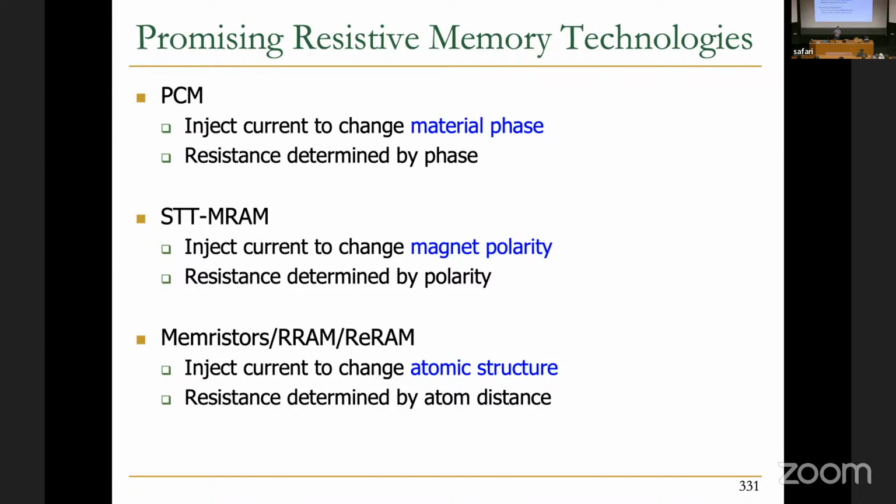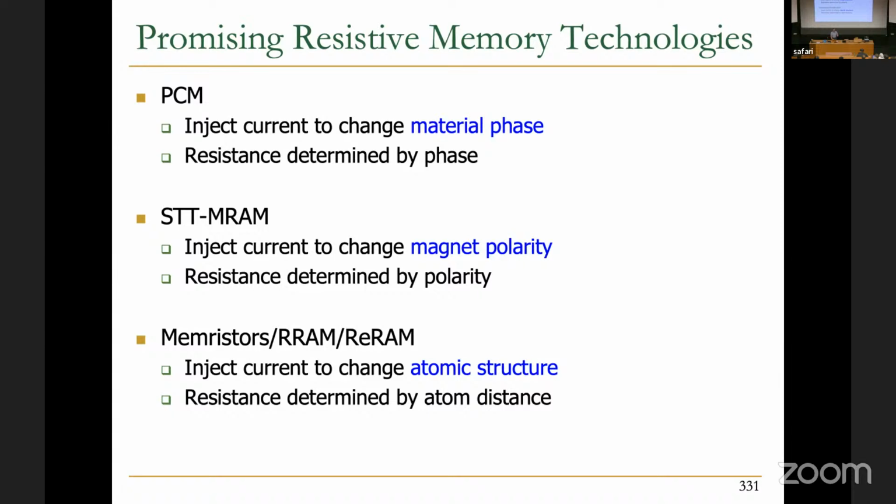The polarity is measured compared to a reference magnet, and whether it's in the same direction or a different direction encodes the data. The reason it encodes the data is because resistance is determined by whether you're in the same direction as the reference magnet or the other direction. And again, you can do multi-level cell here because your resistance levels can be different inside that resistance range.